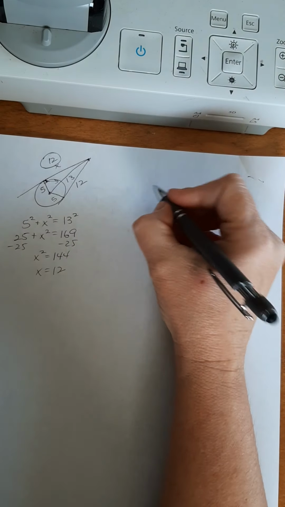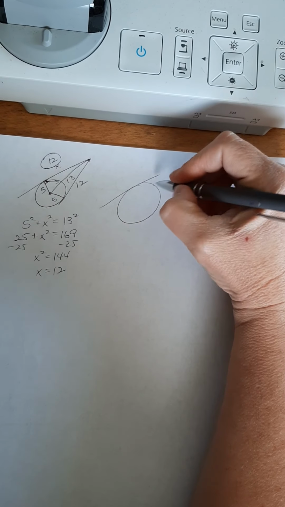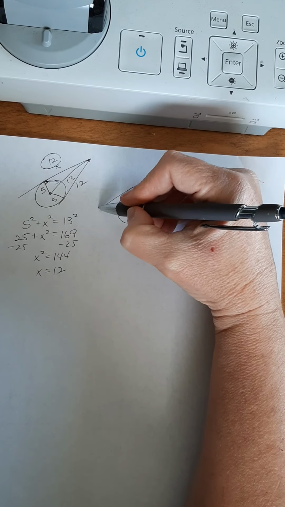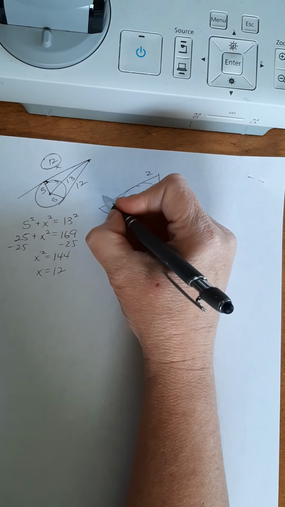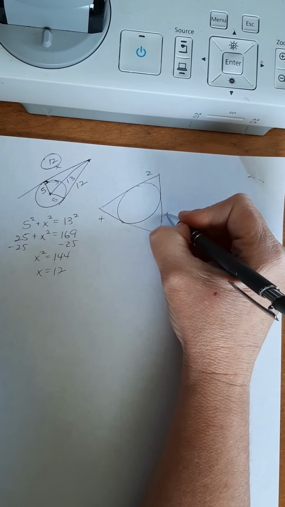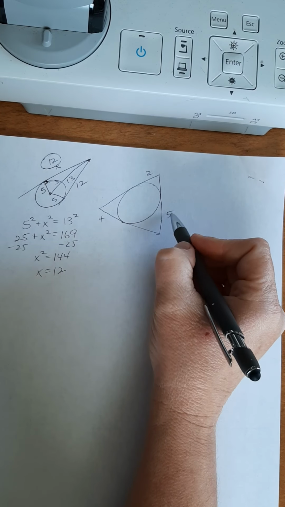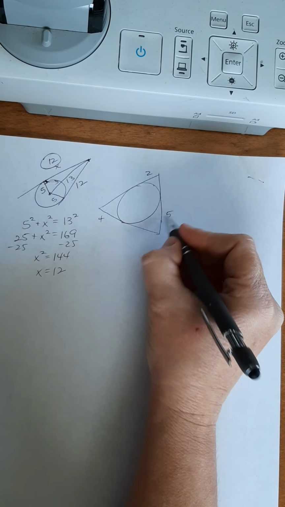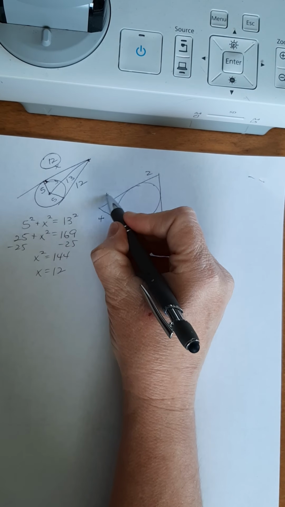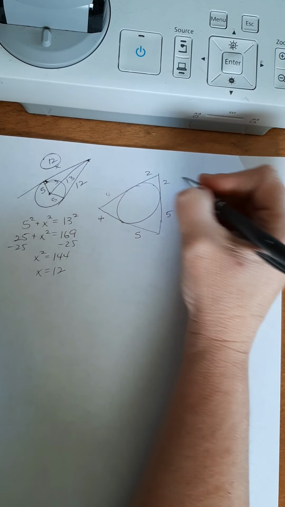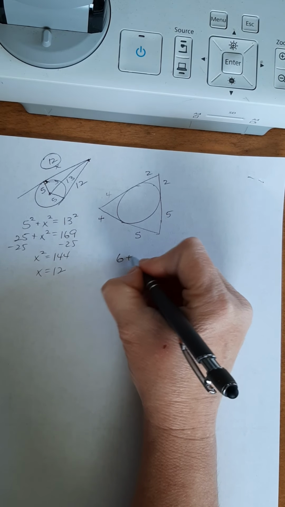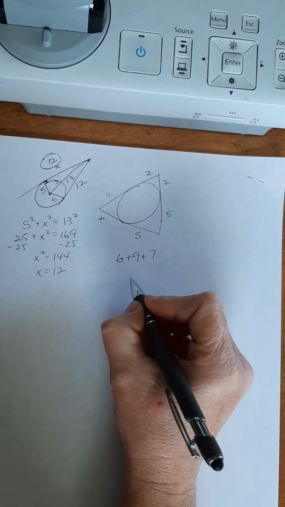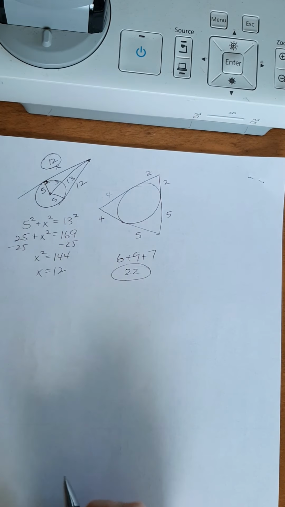And for instance, sometimes they like to give you something like this. If I gave you 2, 4, and 5, you've got two tangents, so 5 and 5. 4 and 4, 2 and 2, and if they wanted the perimeter, you could just add it up. 6 plus 9 plus 7, 22.